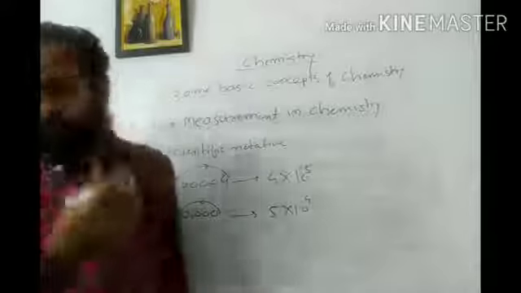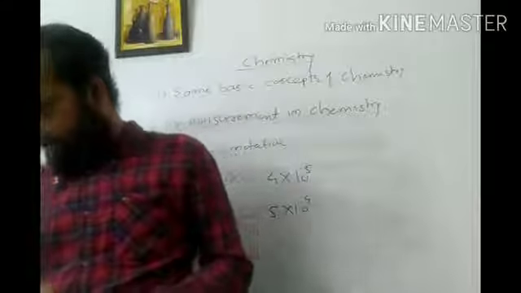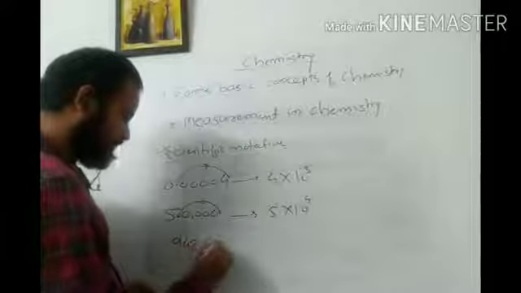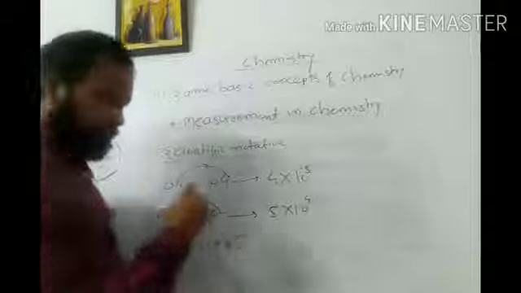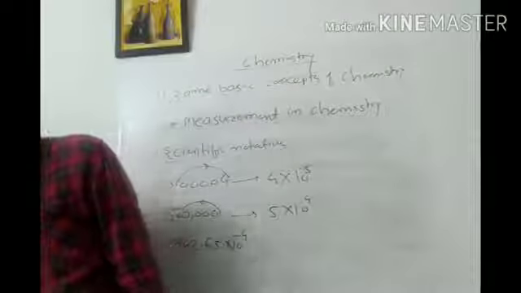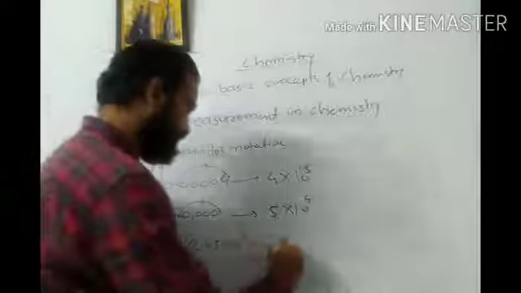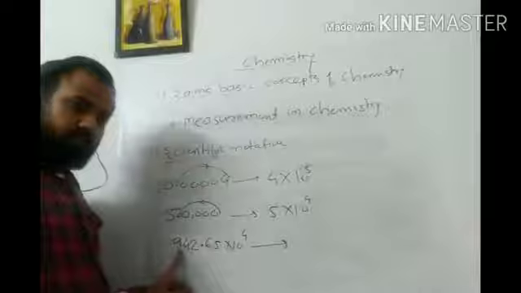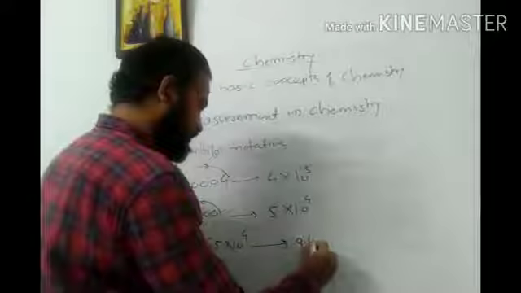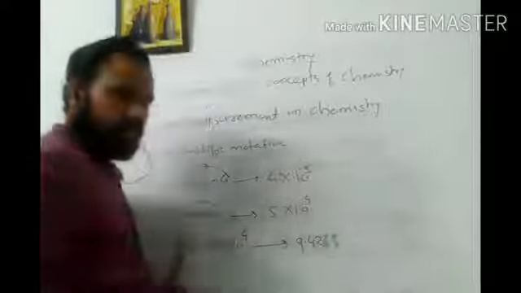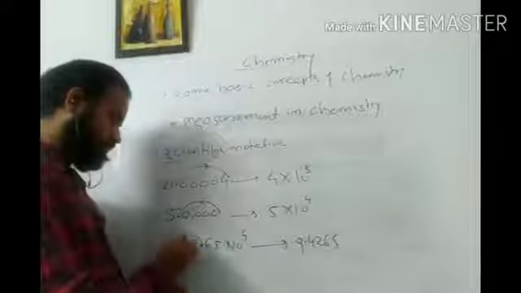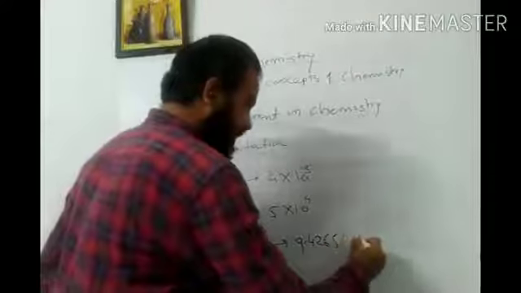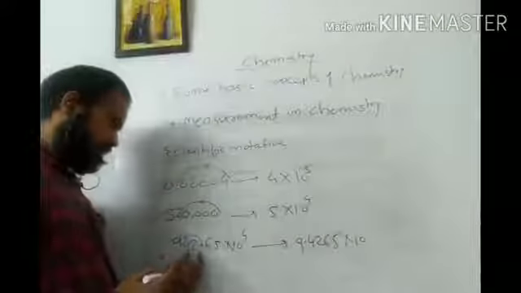Okay, we will take one more example. Let us say 942.65 into 10 raised to minus 4 is given. Okay, not minus 4, let us say plus 4 is given. I just want to shift this point after the 9, so I can write this as 9.4265. As I already told you, if I shift the point in the leftward direction, I have to add to the power the number of digits I am shifting.